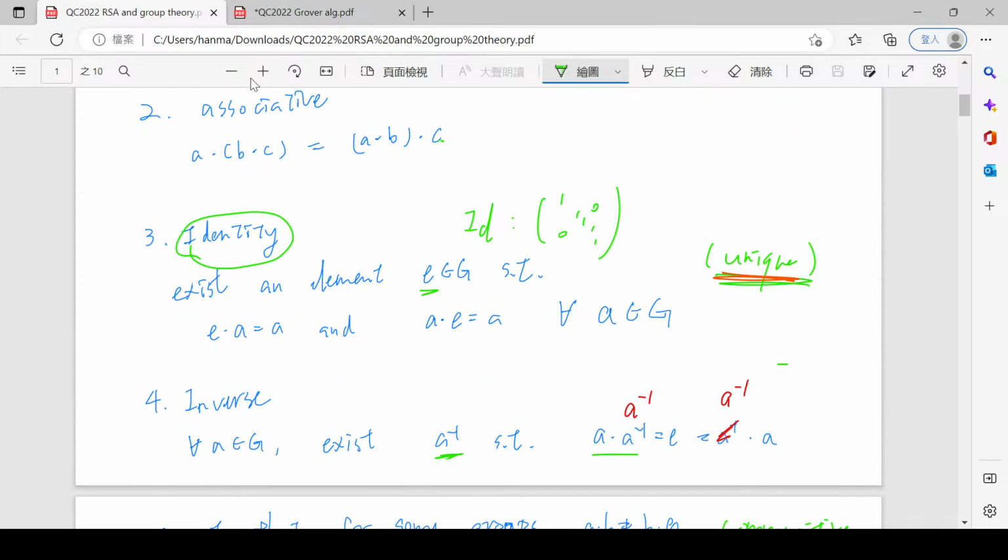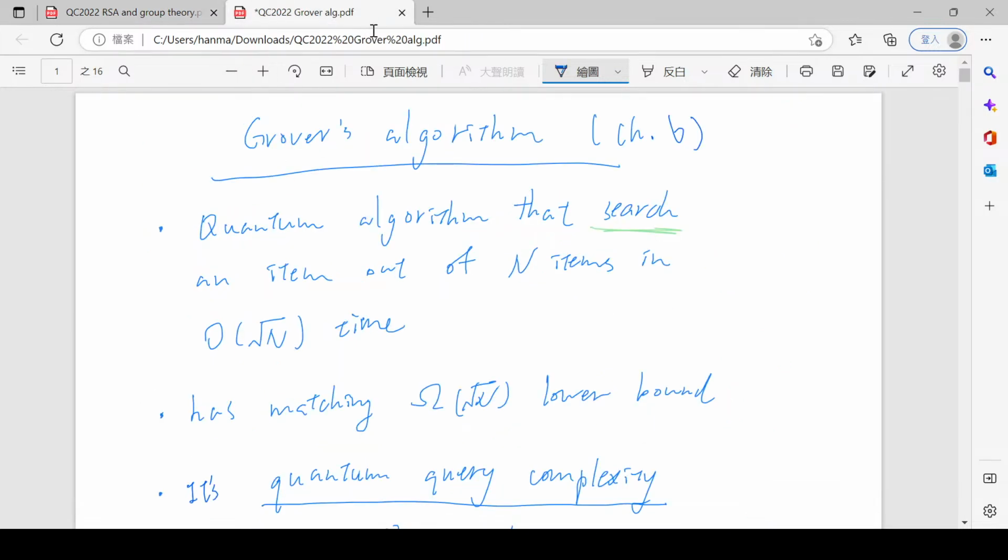But anyway, now we are going to go to a totally different topic, Grover's algorithm. This is our second useful quantum algorithm. There are two important classes of quantum algorithms, Shor's algorithm and Grover's algorithm, and we have already seen Shor's algorithm.